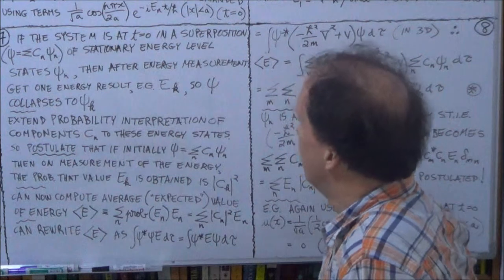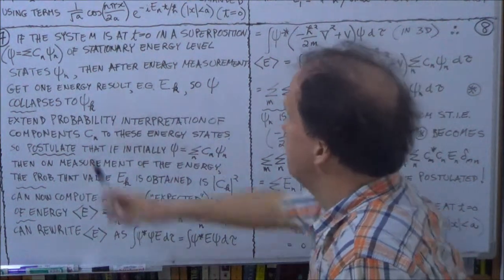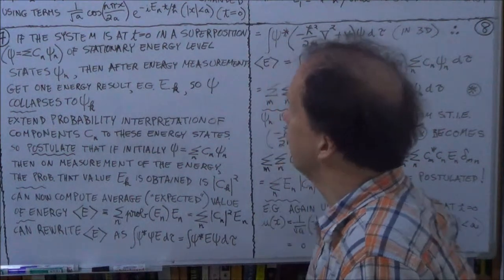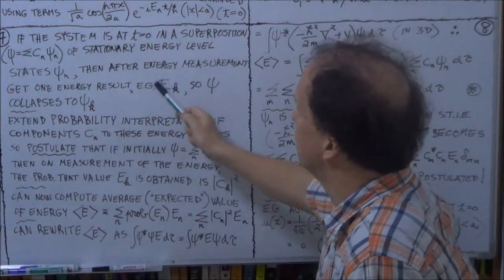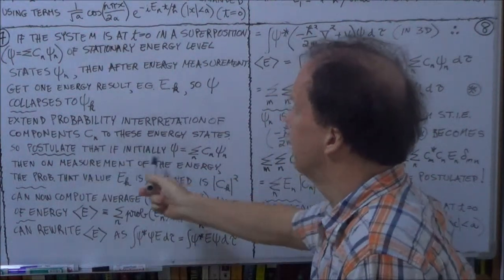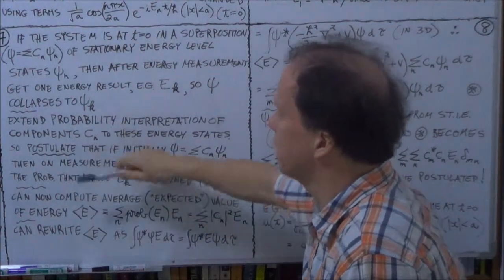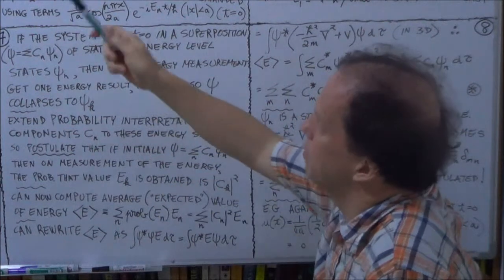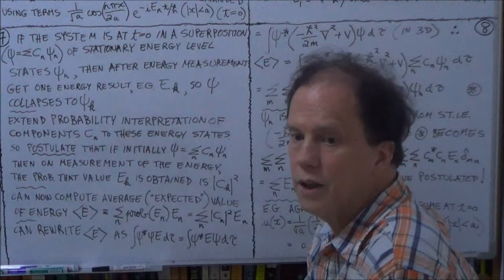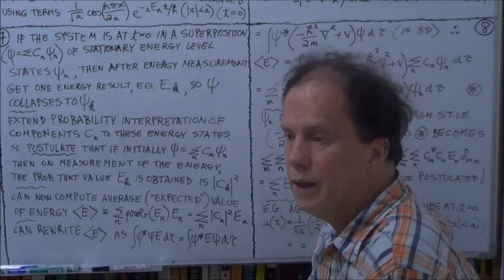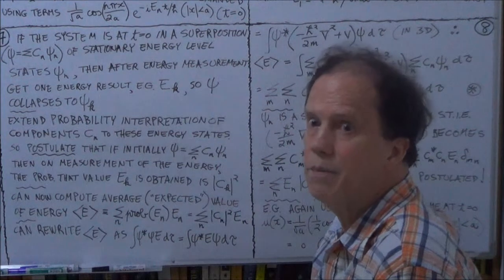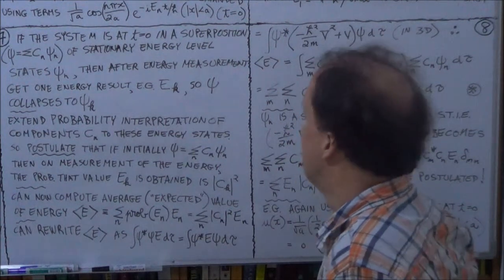Then these C's, if you square them, give you the probability of obtaining this energy. Now, we're putting that here as a postulate. It's a particular case of what we had three sessions ago for the general observable A. Here the observable is energy. Big A is now E.